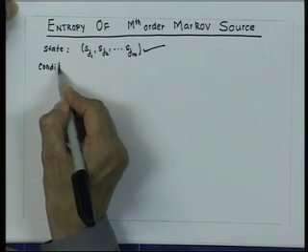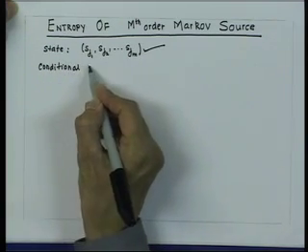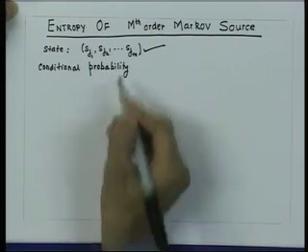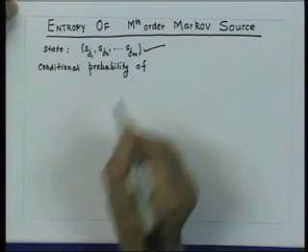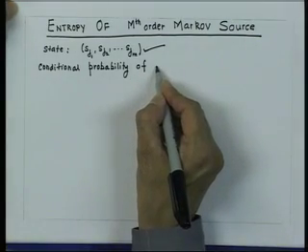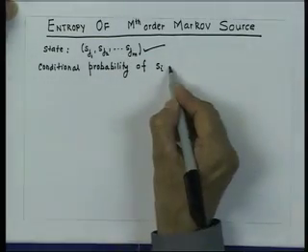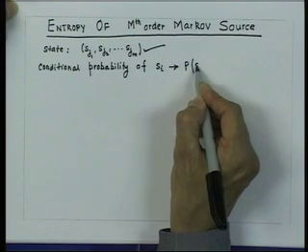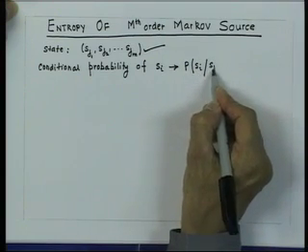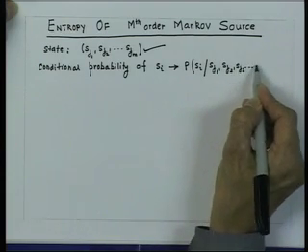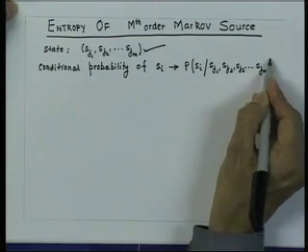So, let us find out the conditional probability of receiving symbol Si given I was in this state. It will be nothing but the probability of Si given Sj1, Sj2, Sj3 up to Sjm.